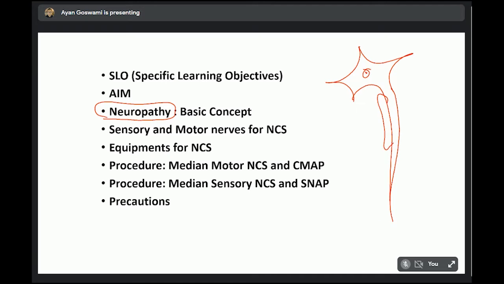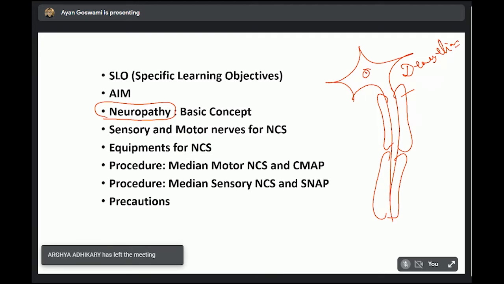A nerve fiber contains myelination, and within it we have the axons. Once the myelin sheath is damaged, we call it demyelination, and when the axon is damaged, it is called axonal neuropathy.